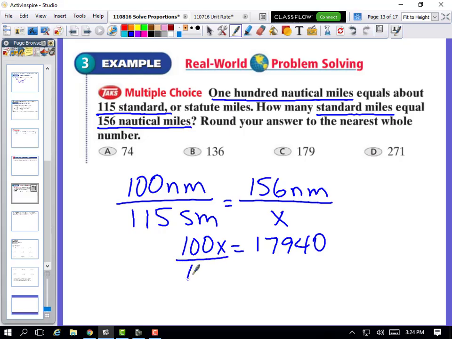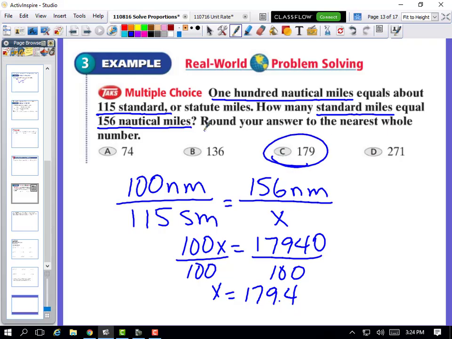We divide both sides by 100, and we end up with x equaling 179.4. So based on our answer choices here, our answer has to be 179, because it does say round your answer to the nearest whole number.